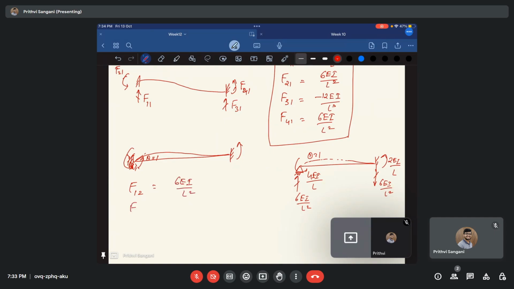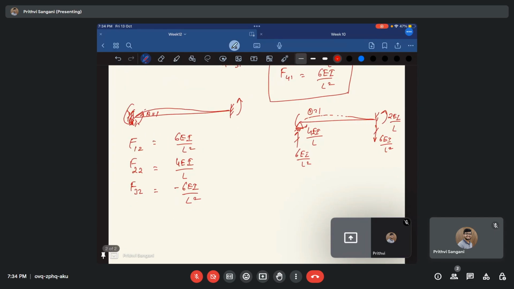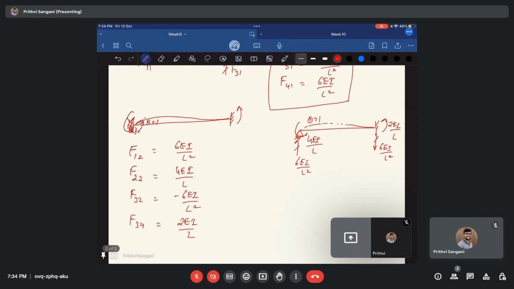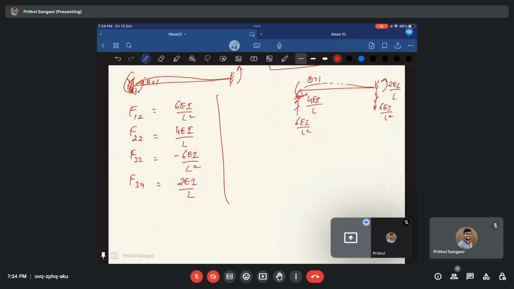F22, that is force in the second degree of freedom due to the unit displacement in the second degree of freedom, that is going to be 4 EI by L. Next, F32 is going to be minus 6 EI by L square. F42 is going to be 2 EI by L.